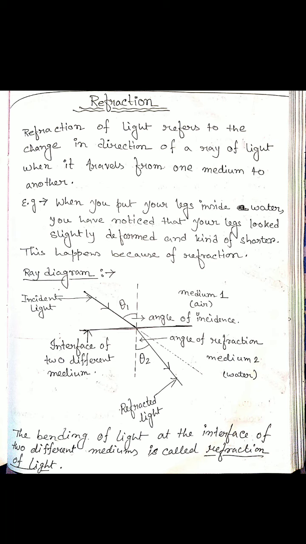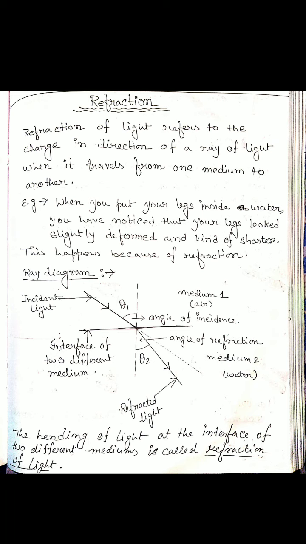One example I have also written here, you can also do it practically. Take one bucket, fill it with water, put one leg inside it. You notice that your leg looks slightly deformed and shorter in size. This happens because of refraction.